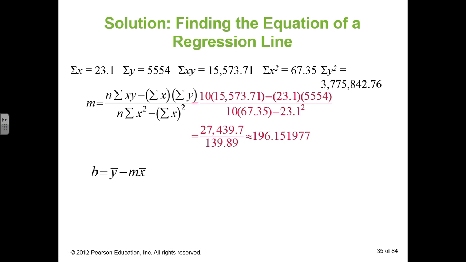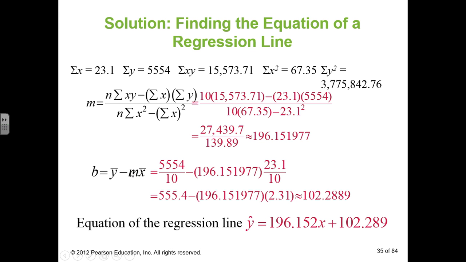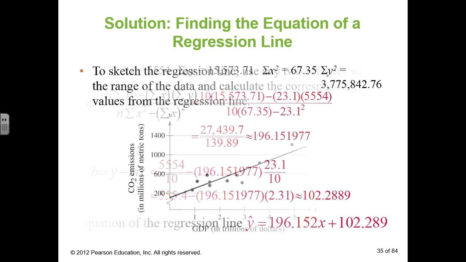Plug those values in, and we get m is 196.151977. b is y bar minus m times x bar, which is the sum of the y's divided by 10 minus the slope times the sum of the x's divided by 10, and we get that y hat is equal to 196.152x plus 102.289. This is the equation of the regression line. This is the equation of the line that best fits that set of data.